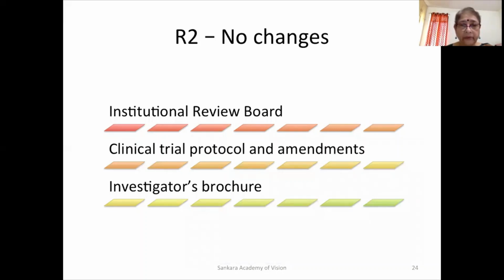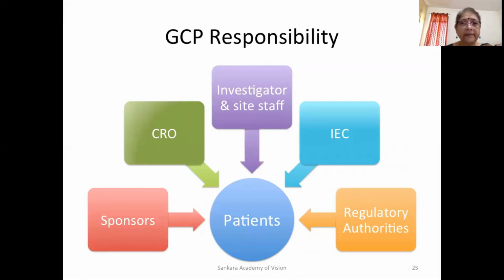What I told you earlier about the prior information that you must have about the non-clinical and the clinical data, all that when it is compiled together for presentation for the present protocol is called the investigator's brochure.